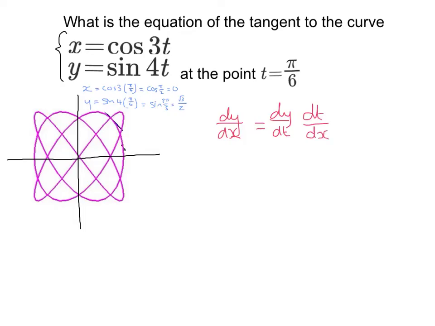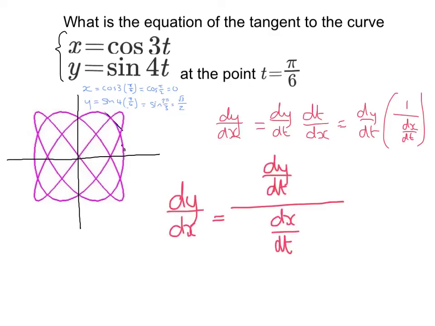And actually, it also tells us that dt by dx is the reciprocal of dx by dt. So I could write this as dy by dt times 1 over dx by dt, or, more nicely, dy by dx is dy by dt over dx by dt.